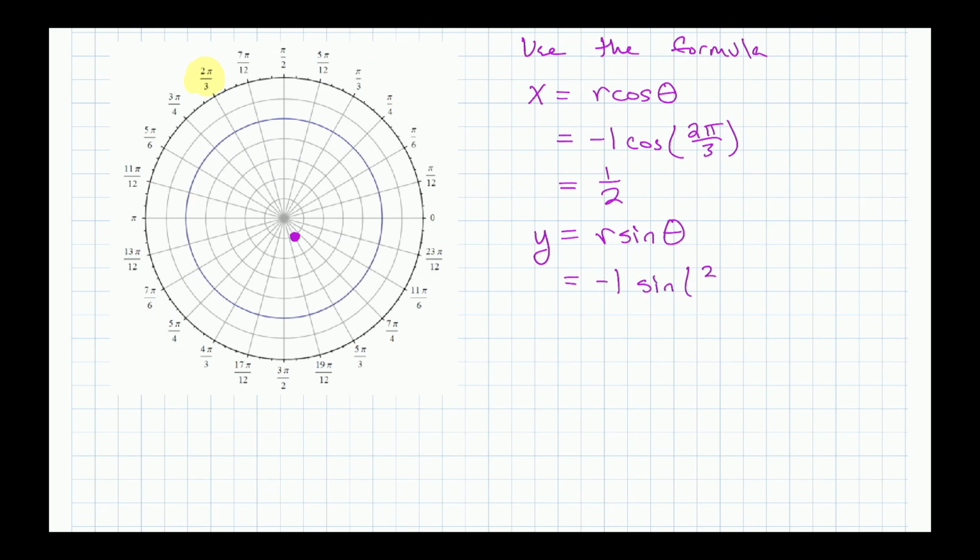The theta is still 2 pi over 3. We have -1 times sine 2 times pi over 3, and we get, what? Oh, okay, I typed that in wrong, sorry. Negative sine times pi over 3.